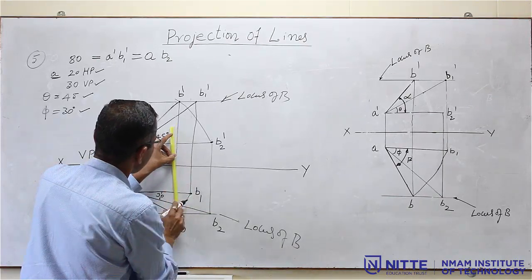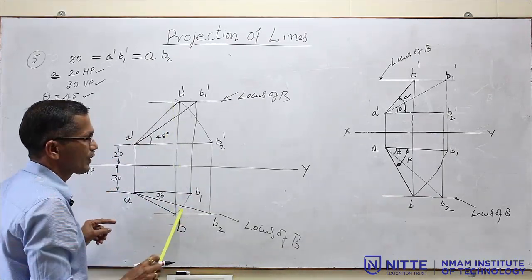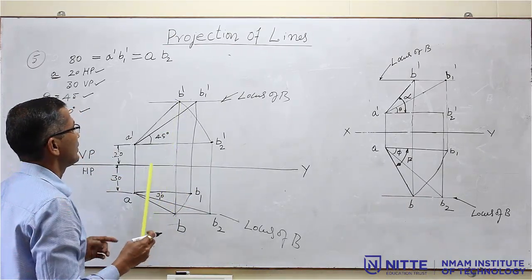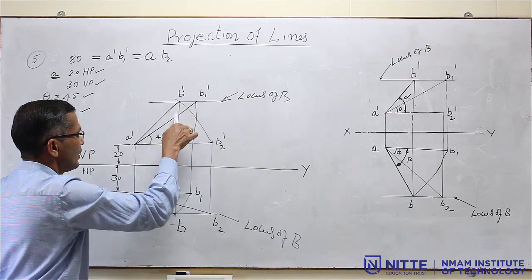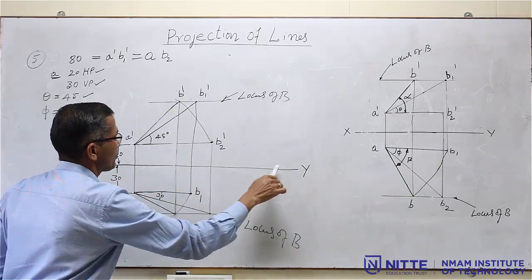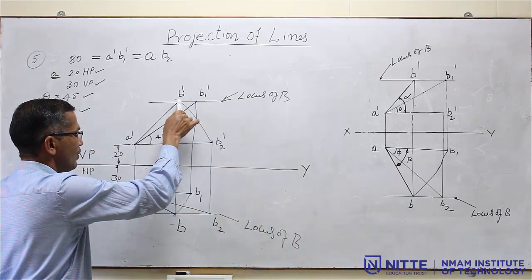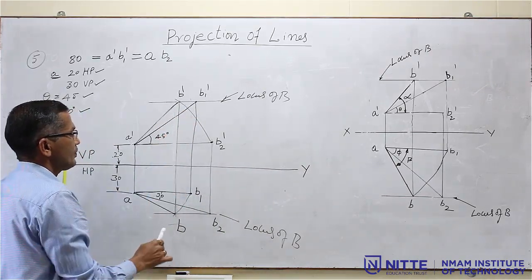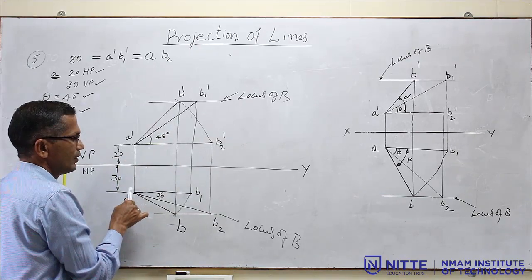This is called the end projector. If the construction is wrong, then these two will not be in the same line. This line should be perpendicular to the XY line, and only if the solution is right will these two points be in one line, like this, A and A dash.